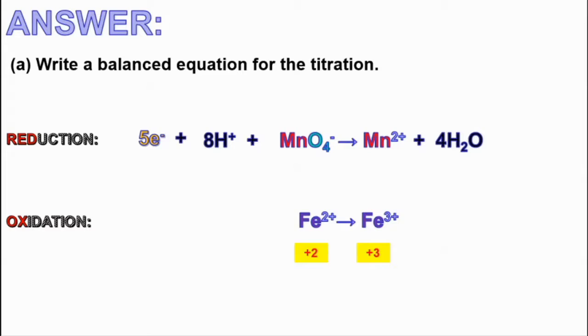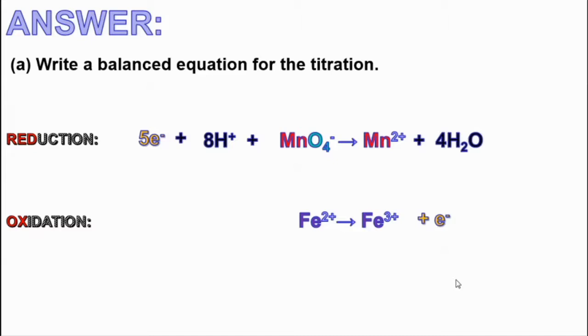We are going to add electron on which side? Yes, on the right side. We are going to add 1 mole of electron. Since 1 mole carries a charge of negative 1, the total charge on the right side would be plus 2. Therefore, the charges on both sides are balanced.